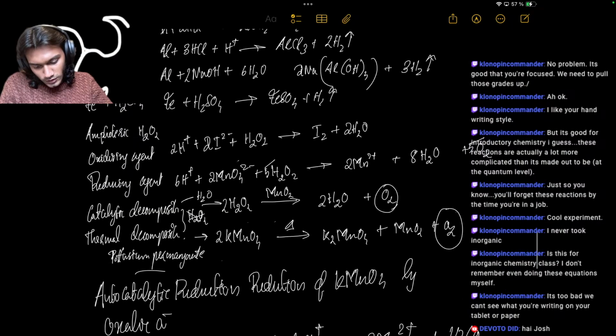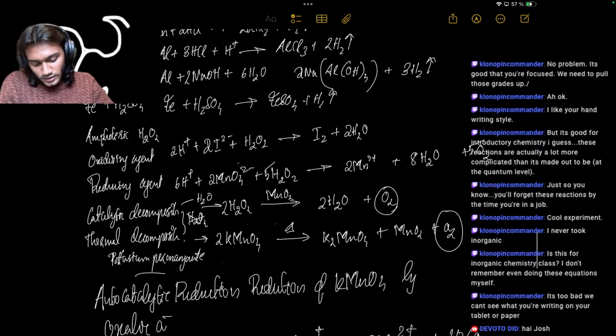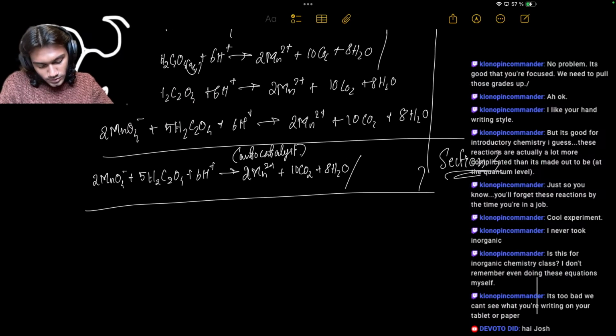Zinc plus HCl, aluminium plus HCl, iron plus H2SO4. Okay.